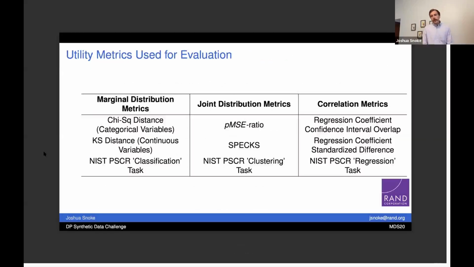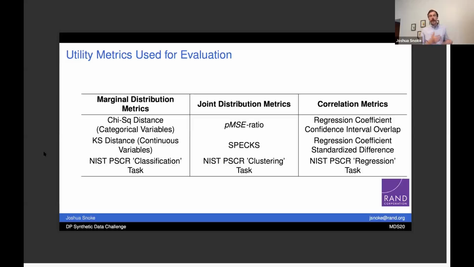Okay, I'm not really going to go into detail on the utility metrics that we used, just for the sake of time. I encourage you to look at the paper if you're interested. But what we did for our paper was expand the set of evaluations beyond the original 3 that NIST did. So we worked in a number of other metrics that are pretty common in the literature for evaluating synthetic data. And we ended up binning these different metrics into 3 categories.